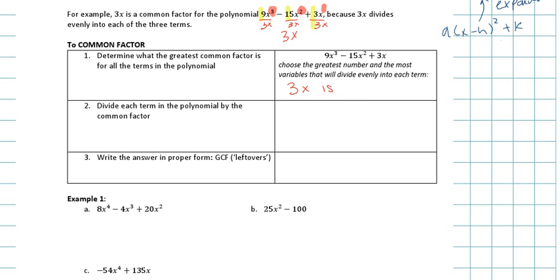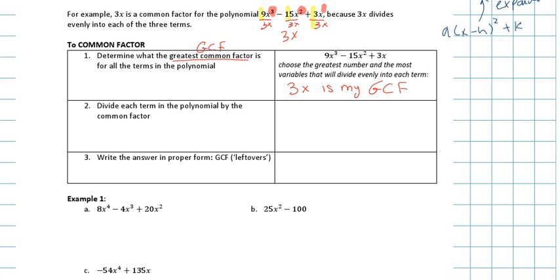The way that they write greatest common factor is GCF. This is the abbreviation for it, okay? So 3x is my greatest common factor.